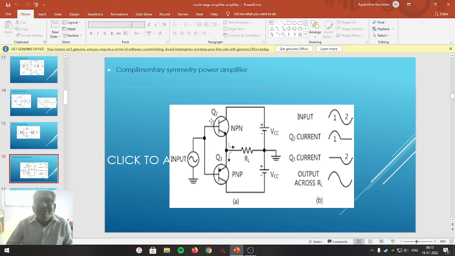The biasing of both the transistors is adjusted by using the power supply VCC, which is connected to the collector of both the transistors so as to reverse bias the collector base junction and forward bias the emitter base junction respectively. This biasing is utilized to adjust the operating point of both the transistors at the cutoff region. We are well aware that when the operating point of a BJT is adjusted at the cutoff region, it will work in class B configuration.